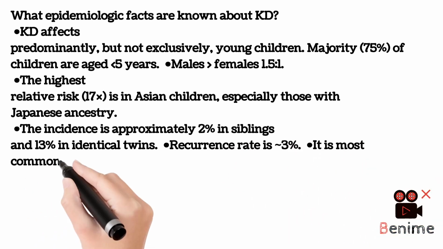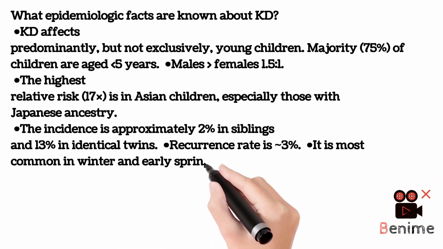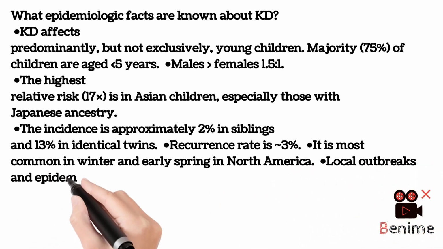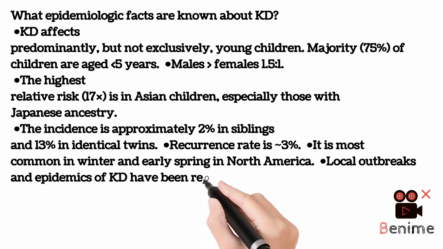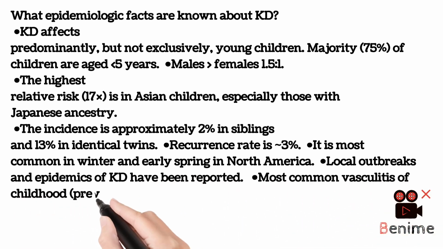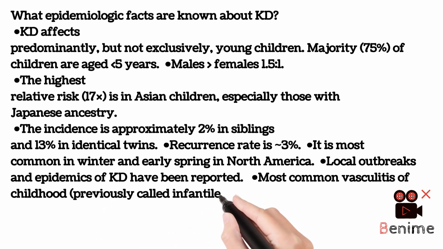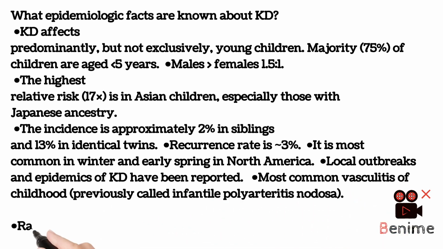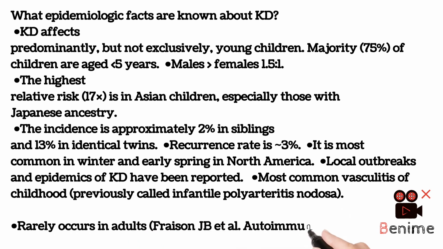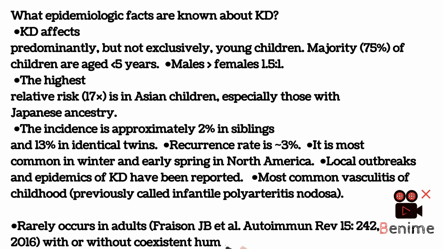Recurrence rate is 3%. It is most common in winter and early spring in North America. Local outbreaks and epidemics of KD have been reported. It is the most common vasculitis of childhood, previously called infantile polyarteritis nodosa, and rarely occurs in adults, with or without coexistent human immunodeficiency virus.